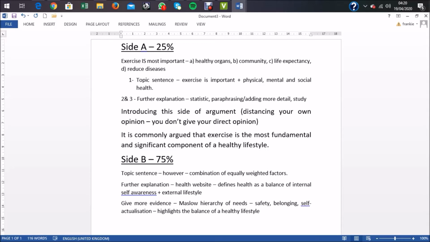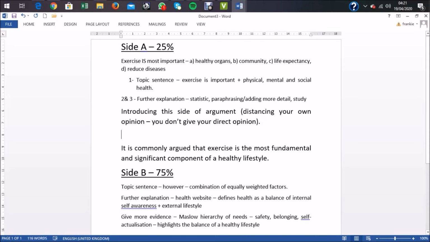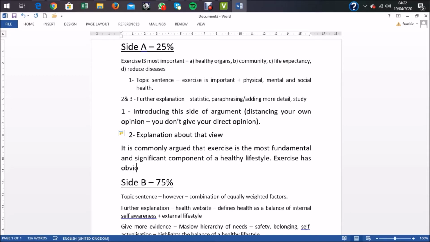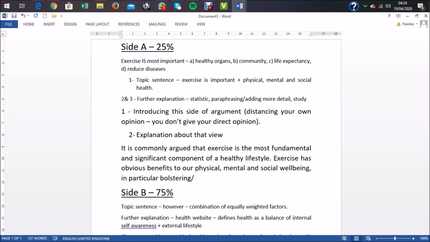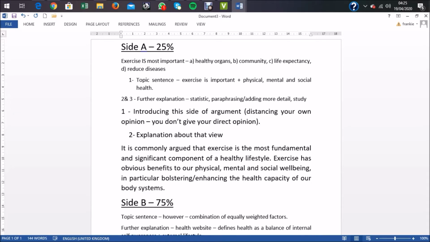Now, again, sentence number 2 can provide a little bit more explanation of that viewpoint. We could say exercise has obvious benefits to our physical, mental and social well-being, bolstering or enhancing the health capacity of our body systems.